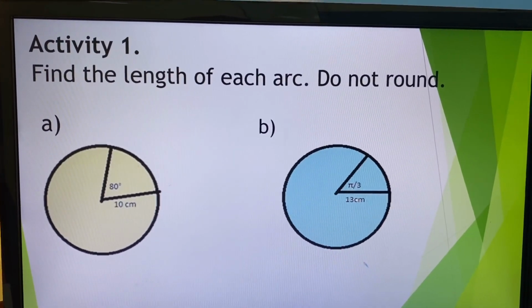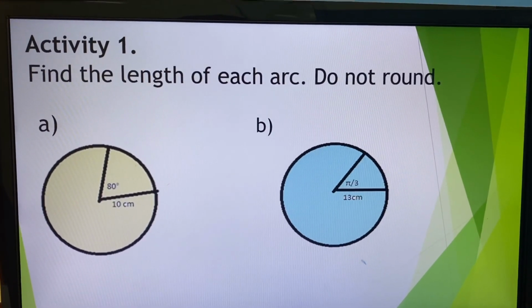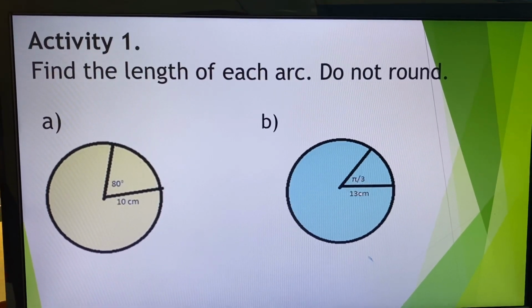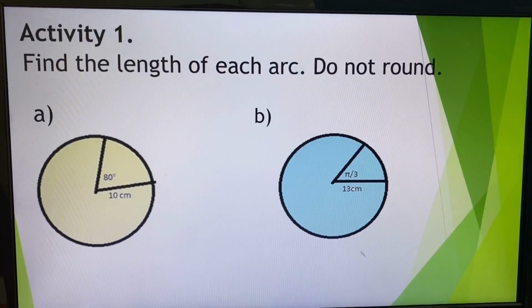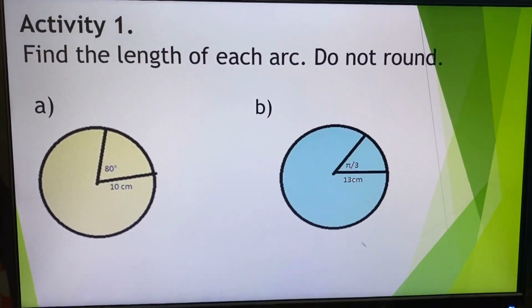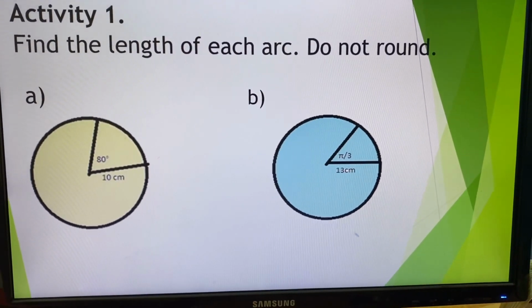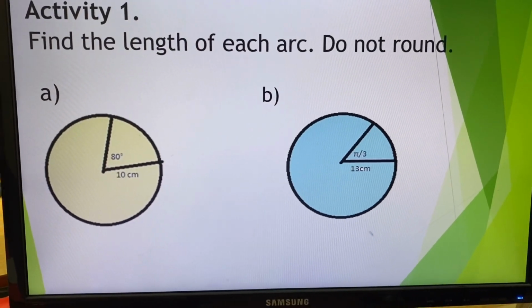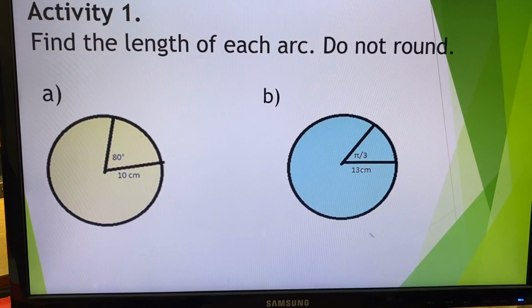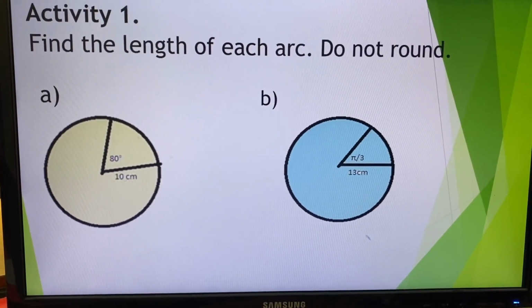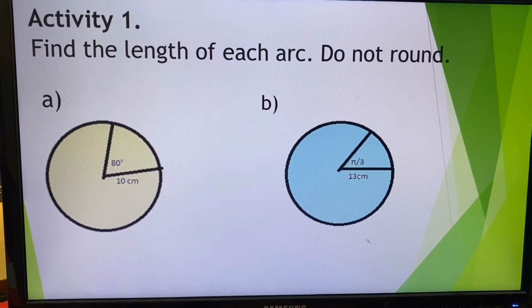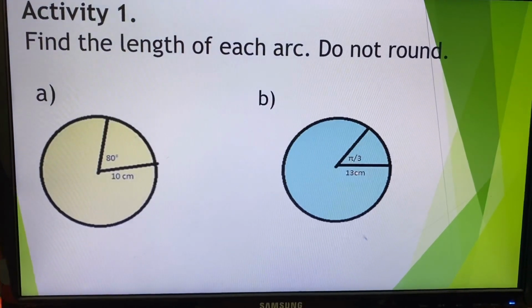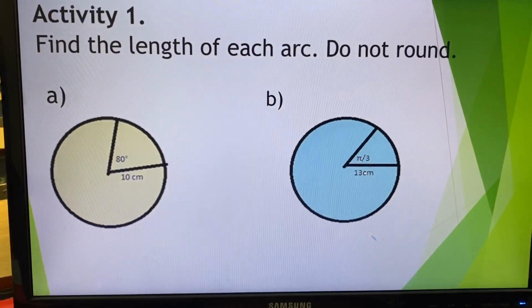For letter B, the radius is 13 centimeters and the central angle is pi over 3. You're going to write your solution on your paper. I will give you time to solve this, then you can submit your work through email.